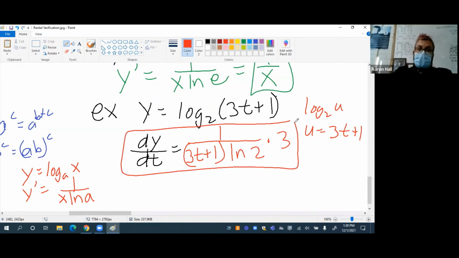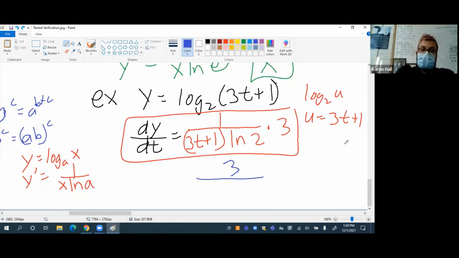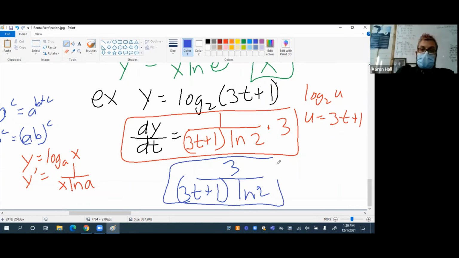This is the answer. If this is free response, just stop. If it's not, we could clean it up and have 3. Remember, 3 over 1, we're multiplying fractions: multiply the numerators to get a new numerator, and multiply the denominators to get a new denominator. So that'd get us 3 over (3x plus 1) times ln of 2, if you wanted to clean it up.